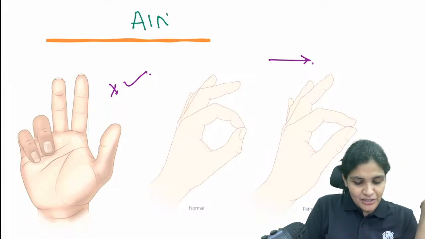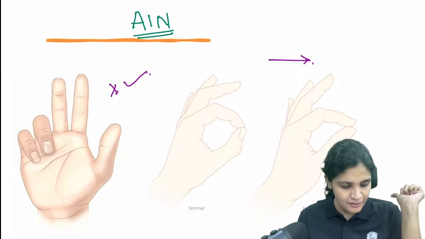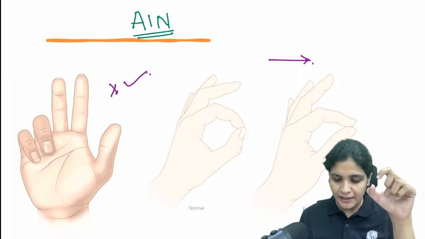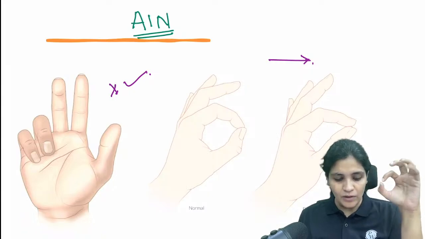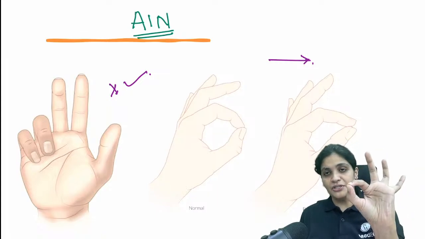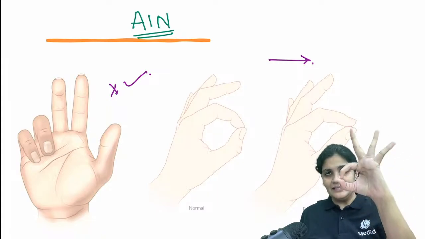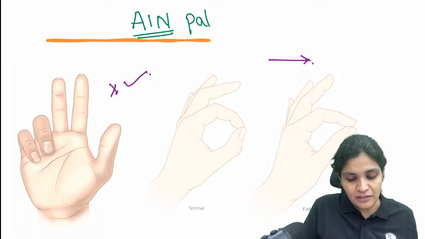Anterior interosseous nerve. Can't flex thumb. He's flexing the thumb, right? But what is happening here? He's not able to do opposition. The opposition is not proper. So like this, he has to form a complete circle. So whenever there is anterior interosseous nerve palsy.